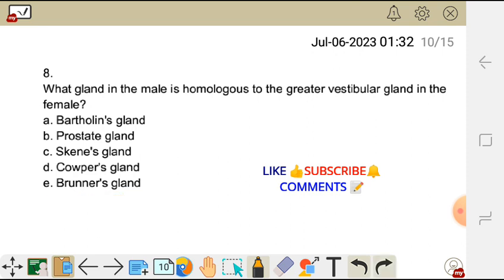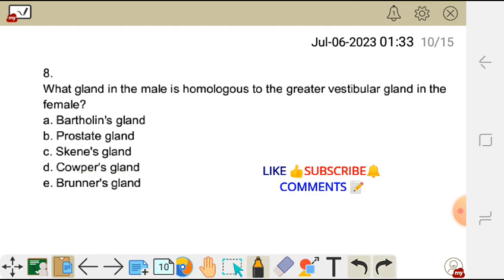Okay, so which gland in male is homologous to the greater vestibular gland in female? So in female, we have what we call greater vestibular gland, which is also called Bartholin's gland. Now, this Bartholin's gland is homologous to what we call the Cowper's gland in male. So Cowper's gland is found in male. So the correct answer for question 8 is D.